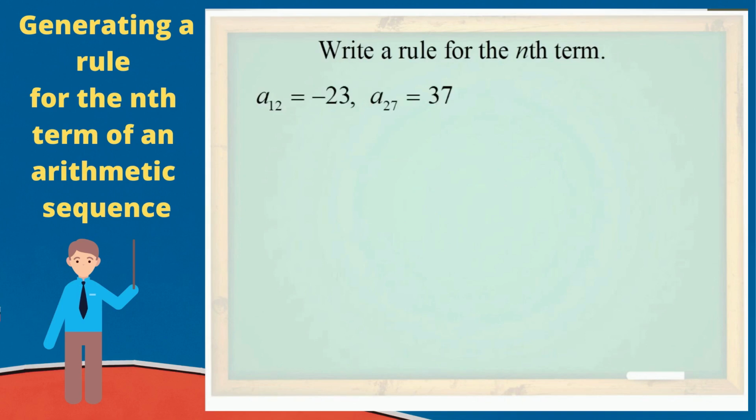Another example. We need to write a rule for the nth term for this particular sequence. Again, there is no common difference and there is no first term or a sub 1. So we need to first find the common difference.